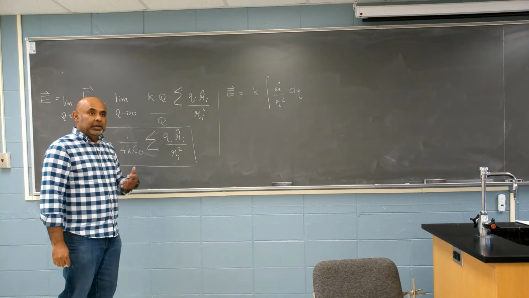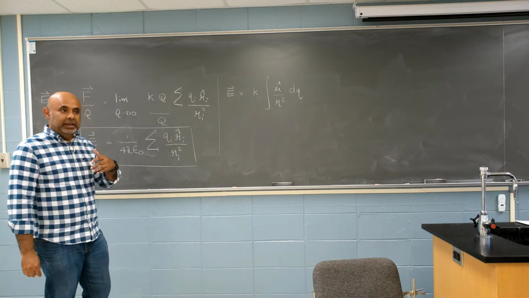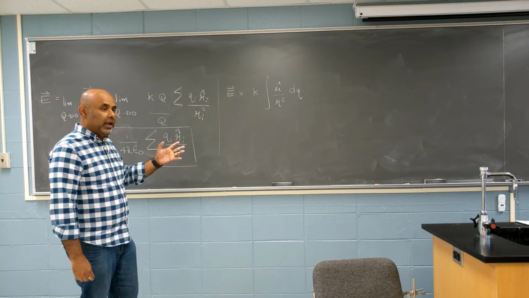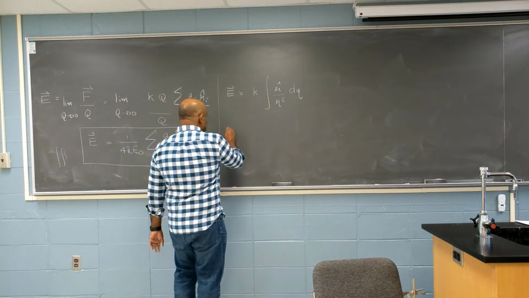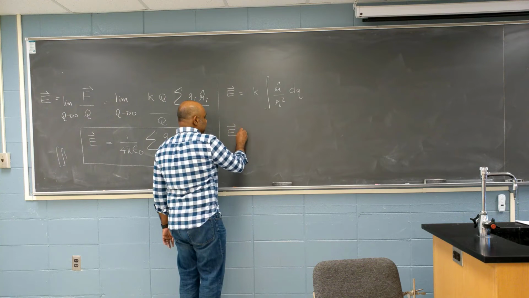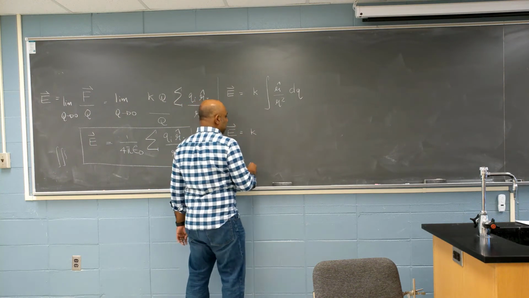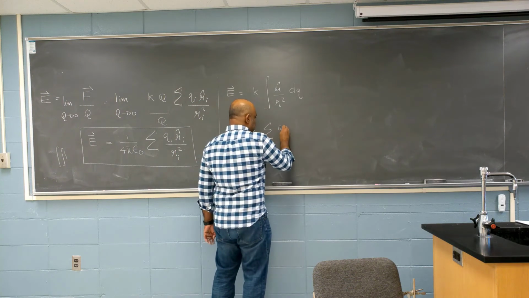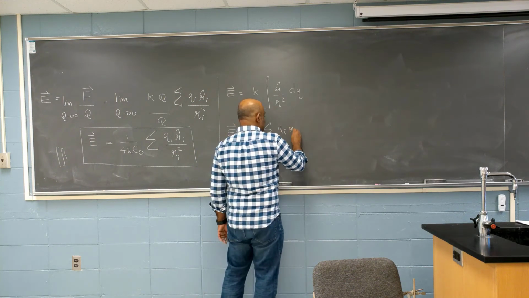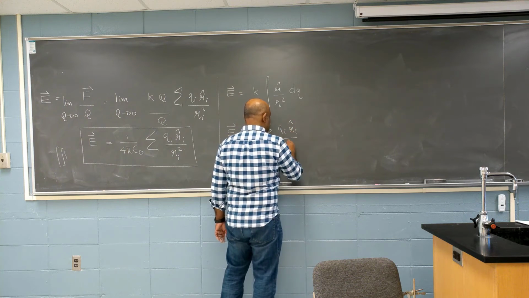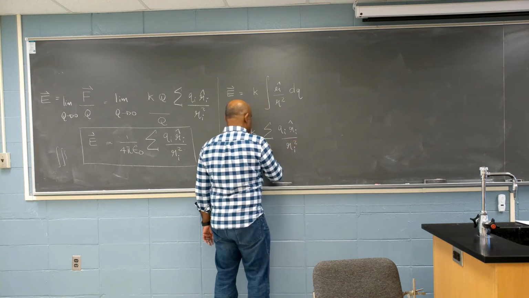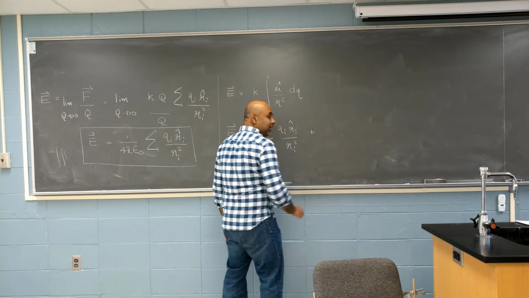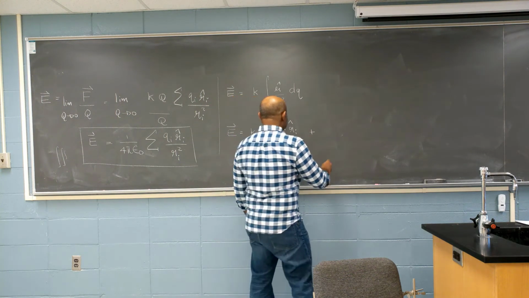Now, like I said, there could be line charges, surface charges, and isolated points. So let me write it all together and show you how that expression might look. First of all, there's this term we just talked about, because you might have isolated charges. Then you might have line charges, so please pay attention.